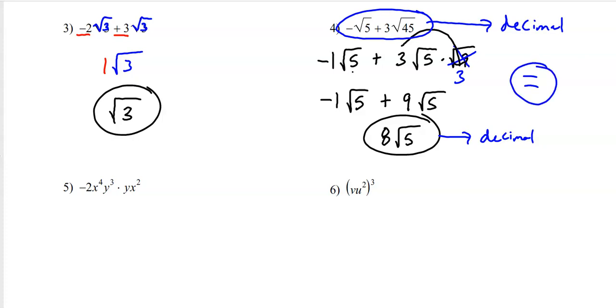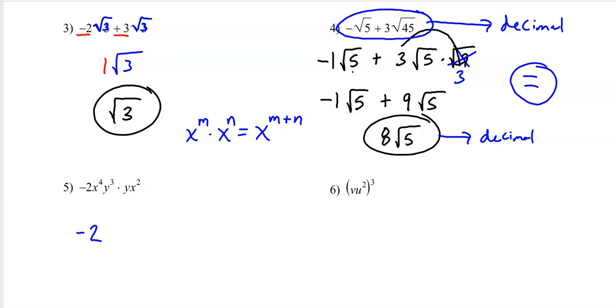All right, number 5, now we're multiplying powers. Remember, when we multiply powers, we add the exponents. So in general, we say that x to the m times x to the n equals x to the m plus n, or you could use whatever letters you want. So looking down here, number-wise, I only have a negative 2.